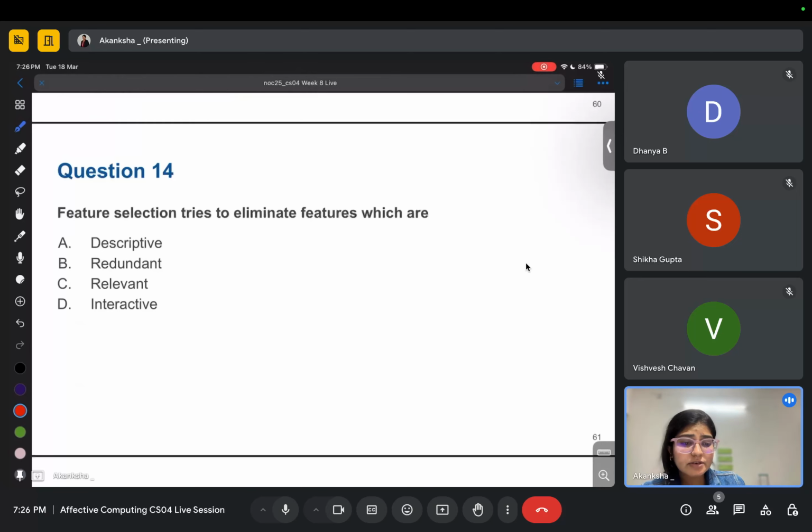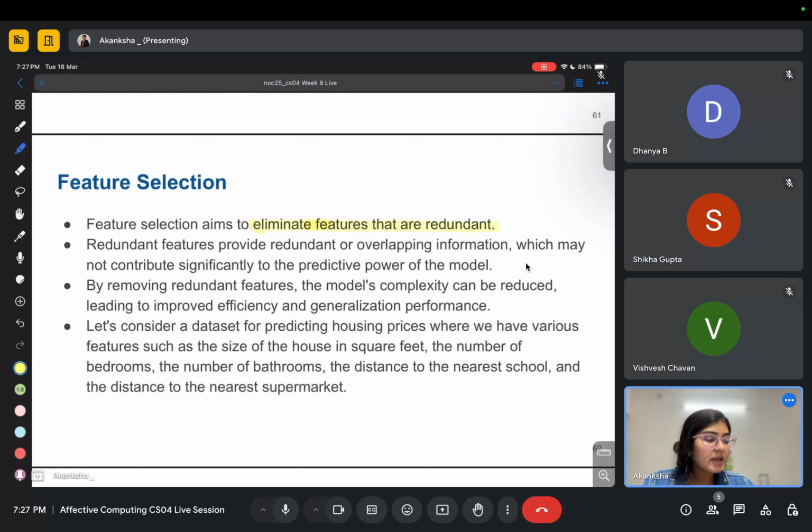It wants to eliminate the redundant features. Redundant features provide overlapping information which may not contribute significantly, and they consume more resources and increase the complexity. So if we remove the redundant features, then the model's complexity can be reduced.